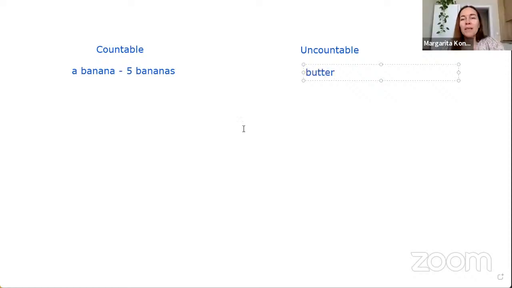What is important? With countable nouns, I can use a, meaning 1, and I can also use plural, bananas. But with uncountable, I cannot say a, and I cannot say plural form, right?